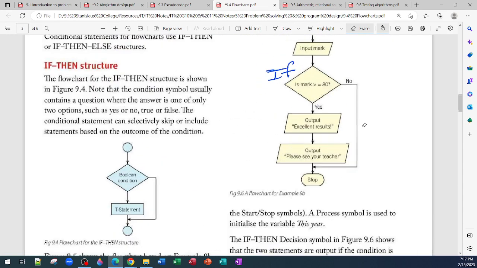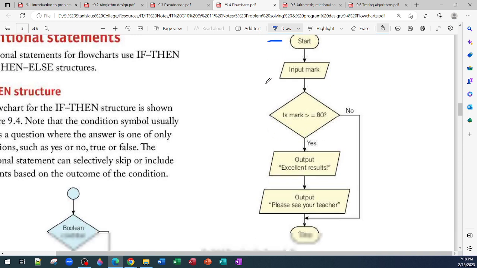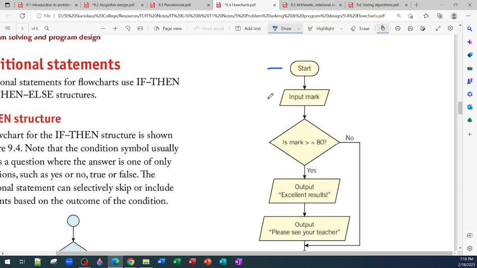The flow chart is relatively easy to follow. You just have to go one shape at a time. You start, go over the loop part, I'll come back to that. So you start, you look at the shape, try to understand what's happening at the shape. You input a mark, input 80. You go to the next shape.